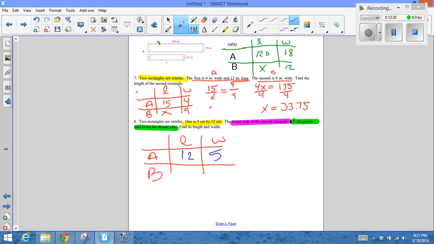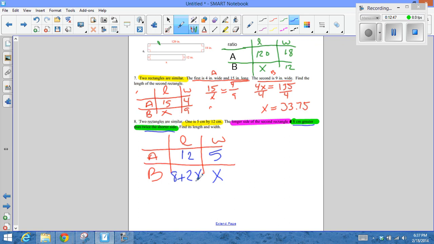So I know it's bigger than the short side, which is the width, right? So I'm going to make the width X. Now 8 greater than would be 8 plus twice, 2 times X, or the width, which is X. So that's how I would fill my box in.